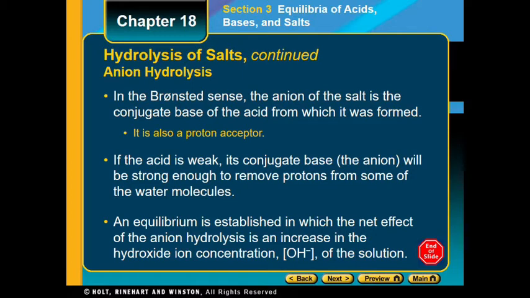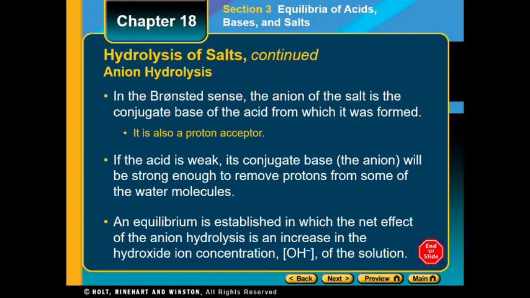In the Bronsted-Lowry sense, the anion of your salt, that was that acetate ion we were just looking at, is the conjugate base of the acid from which it was formed. So I've already gone through that: the acetate ion coming from your weak acid, acetic acid. If the acid is weak, which it was in that example, the conjugate base will be strong enough to remove protons from some of the water molecules.